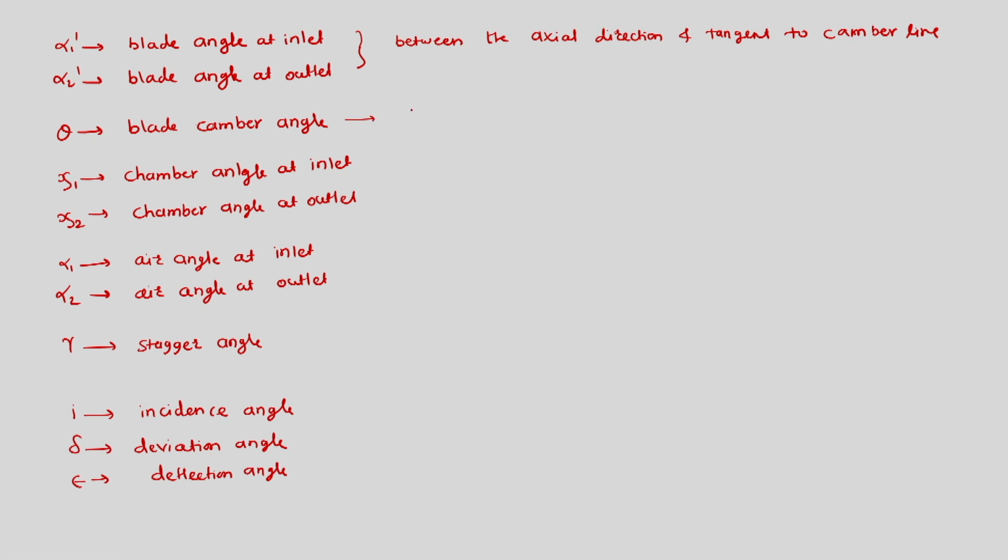Theta is the angle between two tangents to the camber line. Then chi 1 and chi 2 are the angles between the chord line and the line tangent to the camber line.